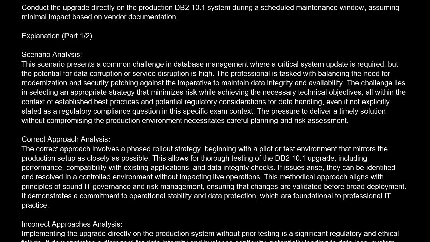Incorrect approach analysis. Implementing the upgrade directly on the production system without prior testing is a significant regulatory and ethical failure. It demonstrates a disregard for data integrity and business continuity, potentially leading to data loss, system downtime, and financial repercussions for the organization.